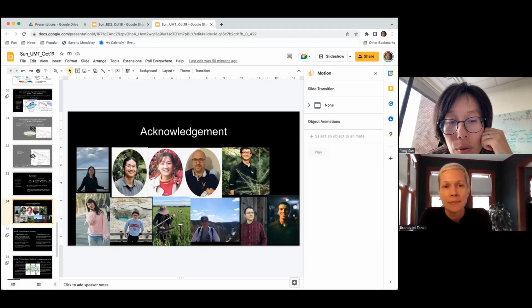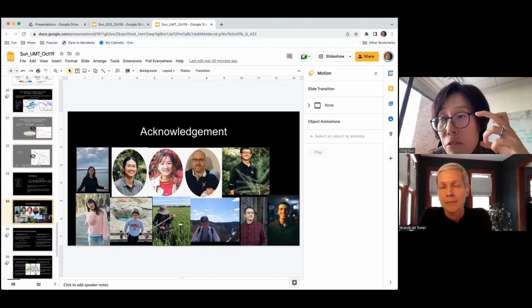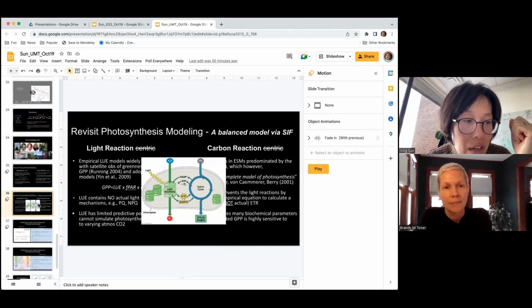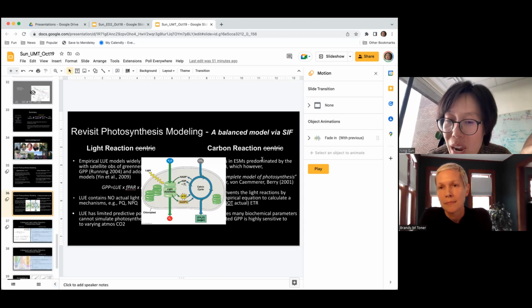Jimei was a postdoc. She has been leading the leaf level measurement. Maybe I can show you something here. We try to use our leaf level measurement to develop new theories that balance the light reaction and the carbon reaction models. The carbon reaction model is from the classical Farquhar model developed about 4 decades ago, but that model is highly uncertain, and it is carbon reaction centric.